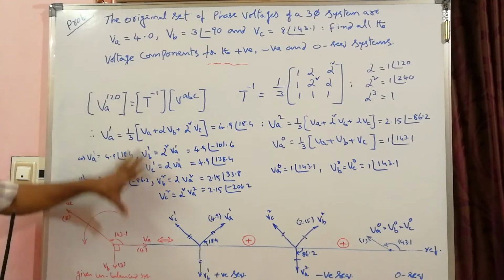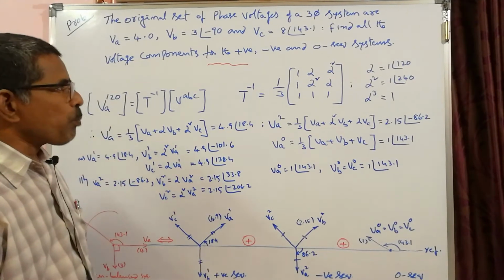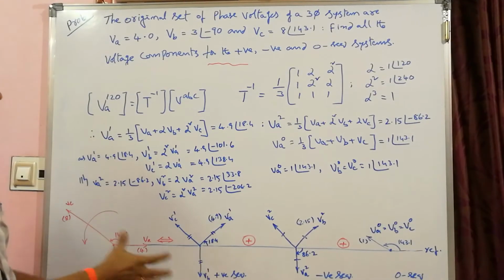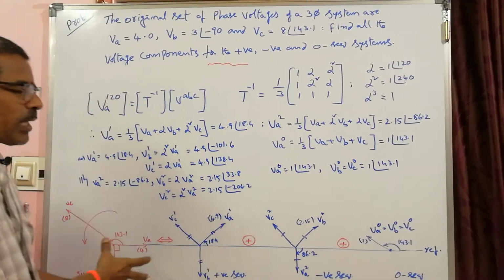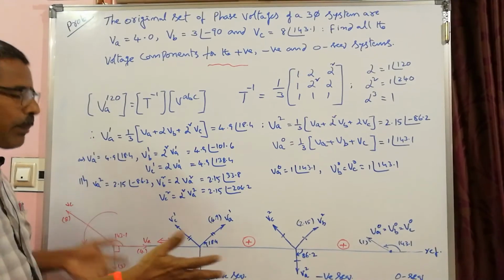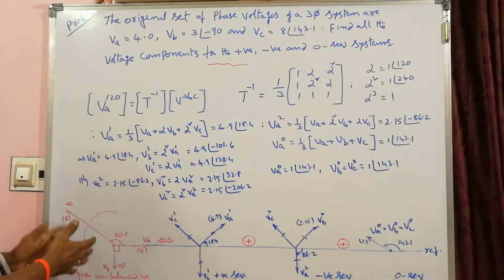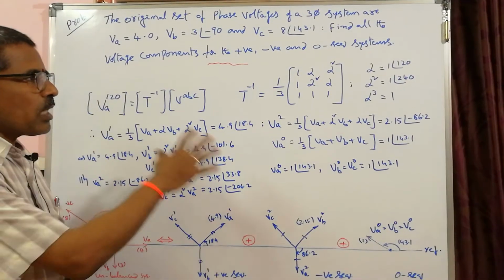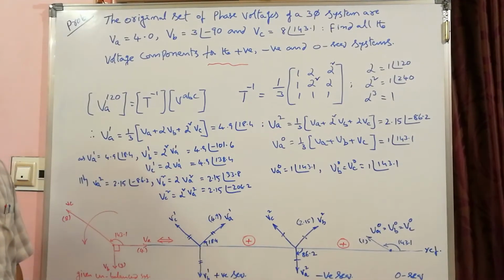So I hope this problem gives you complete clarity on how you get symmetrical components, what the purpose is, and how they can be combined together to get the unbalanced system and vice versa. I hope it is clear to all of you.